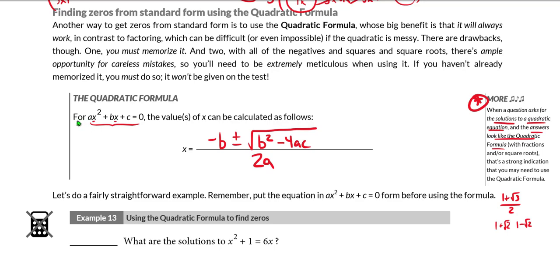So whatever your a, your b, and your c are, they are going in for a, for b, and for c. And whatever values you get out of this formula are the values of x that will satisfy this equation.